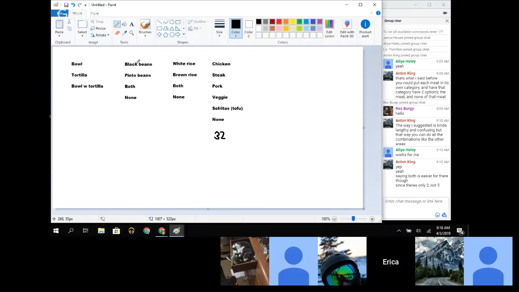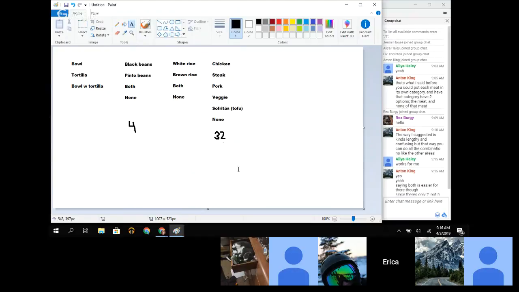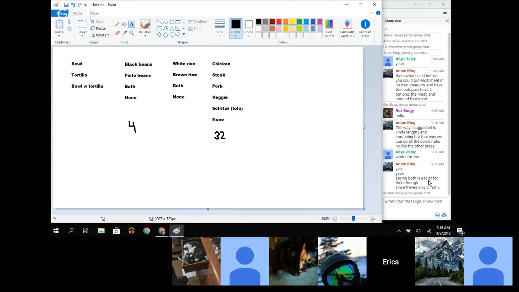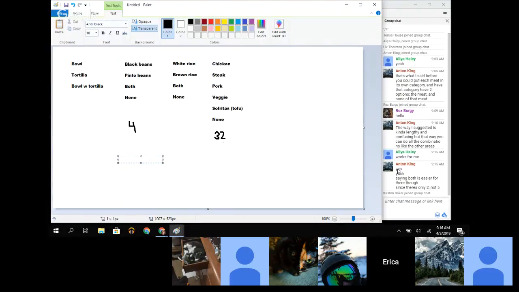Right now, in this list, there are 4 possible choices: you can choose black, pinto, both, or none. Since there's only 4, it's easier than 5. You could have just said black beans or no black beans, right?